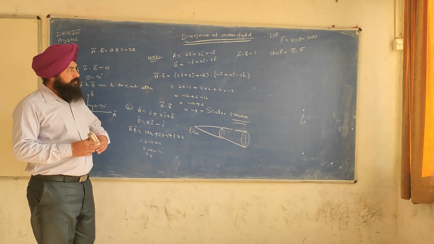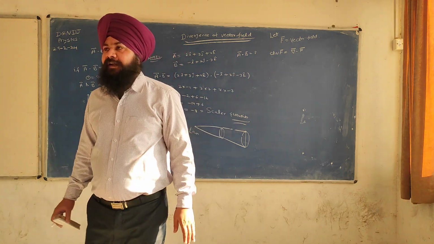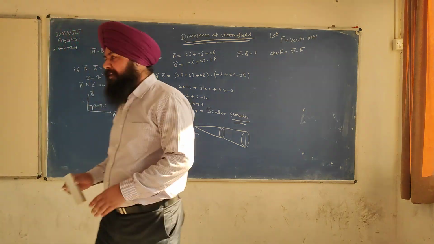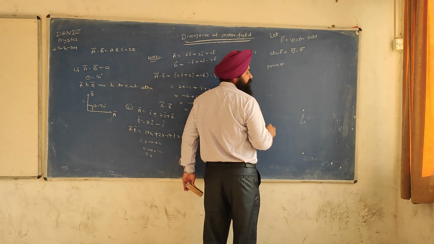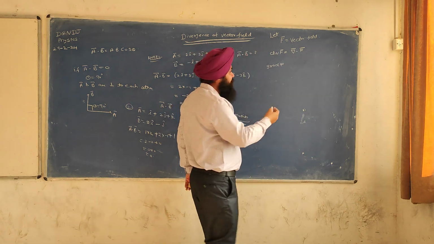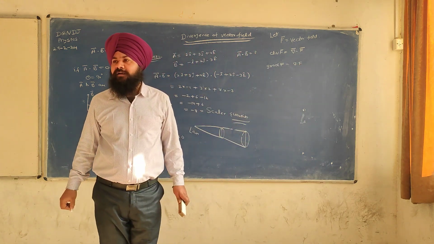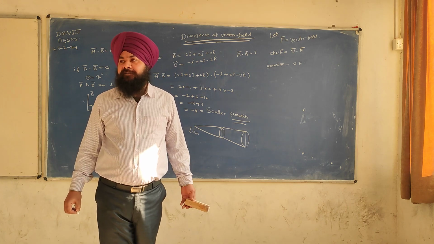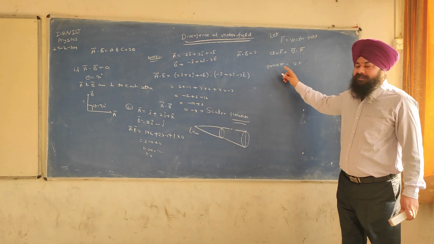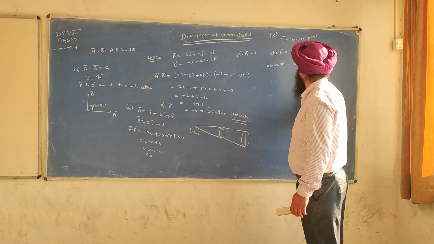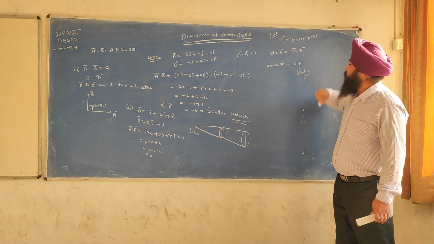Now we will come to this point, divergence F, that is del dot F. And what is gradient F? Gradient F means del F. Here F is a scalar, but here F is a vector.